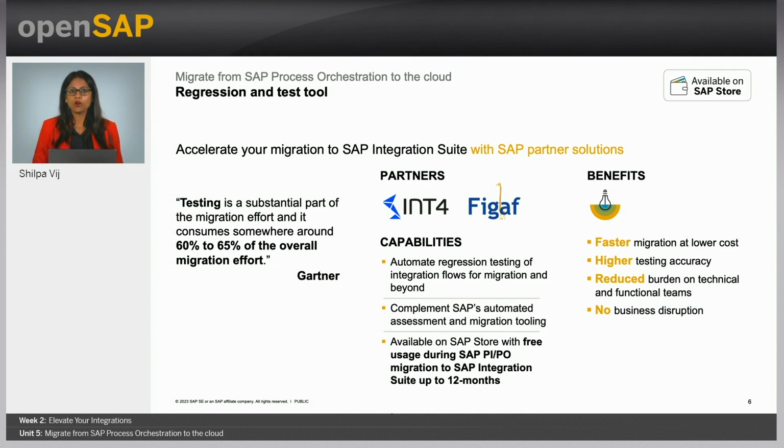These vendor offerings will help you perform a faster migration at lower cost with higher testing accuracy and reduced burden on technical and functional teams with no business disruptions. These tools complement SAP's automated assessment and migration tools, and both vendors also provide additional tools to help automate and simplify your migration development and testing efforts. You can find both vendor solutions in the SAP store, store.sap.com.